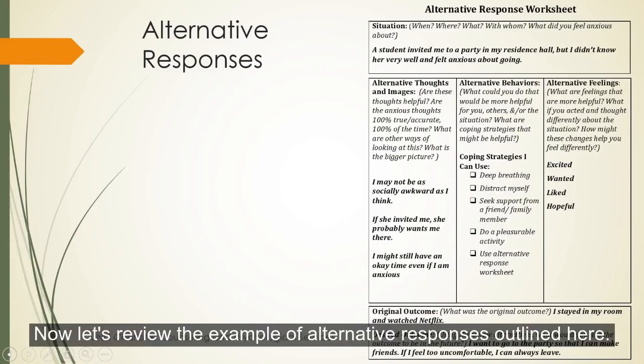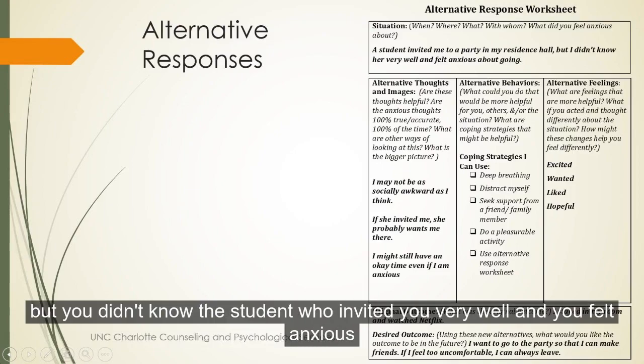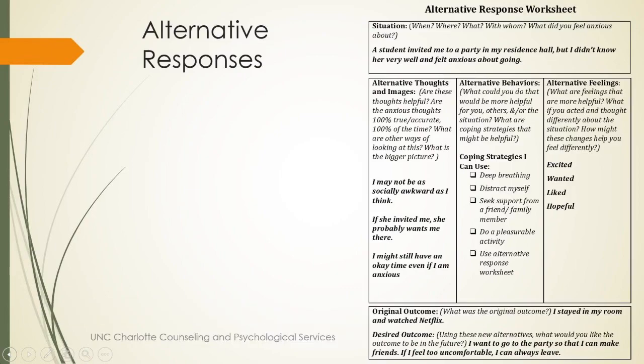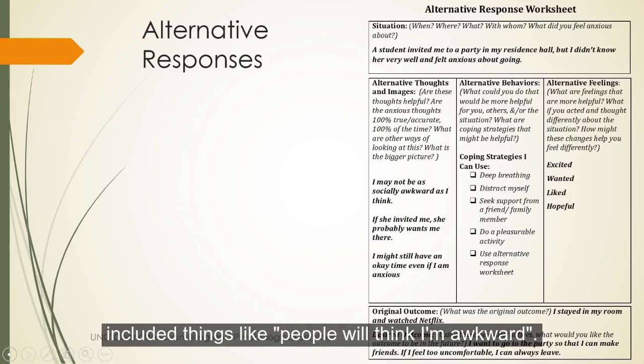Now let's review the example of alternative responses outlined here. Remember, this is the situation in which you were invited to the party, but you didn't know the student who invited you very well, and you felt anxious about going. In our cross-sectional formulation, some of our automatic cognitions included things like, people will think I'm awkward.